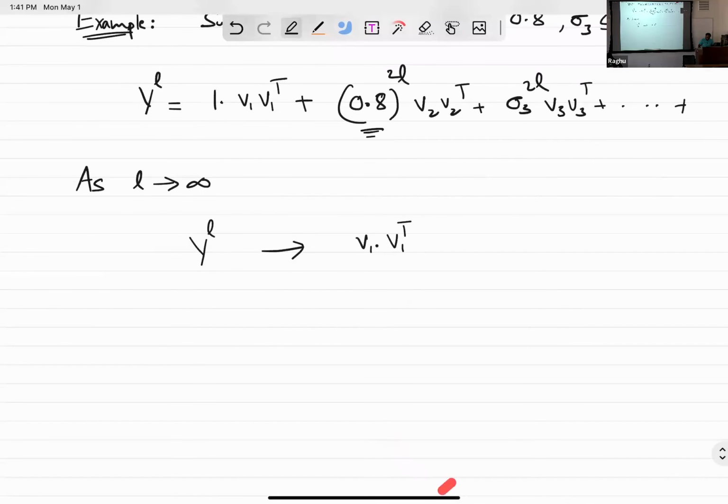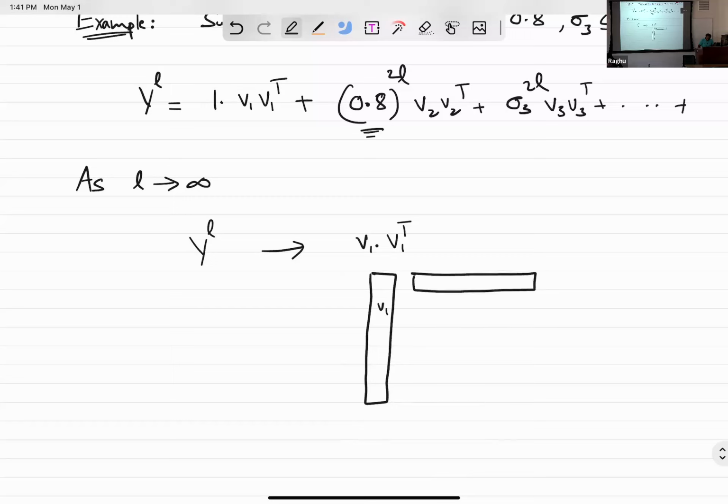So in particular, what is this matrix? You have V1 and you have V1 transpose. Why is this a good thing? We don't know what V1 is, but we know what Y is. Y was just X X transpose.